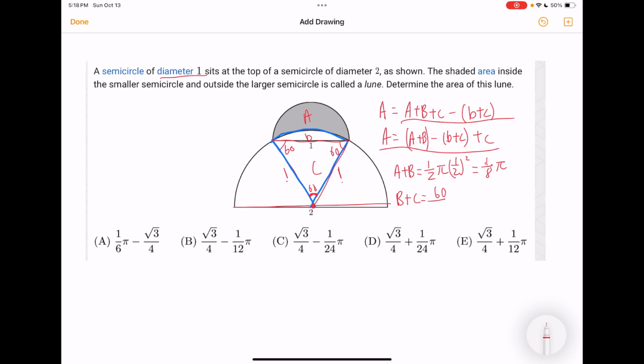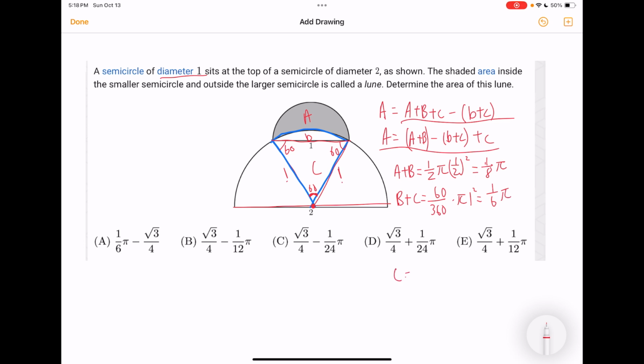So it'd be 60 over 360 times the area of the whole larger circle, which is pi r squared, in this case 1 squared. So this would reduce to 1/6 pi.